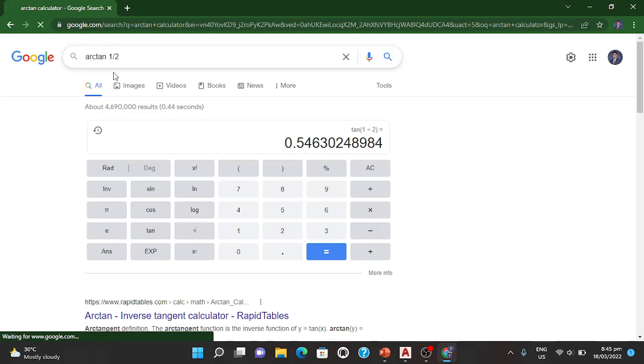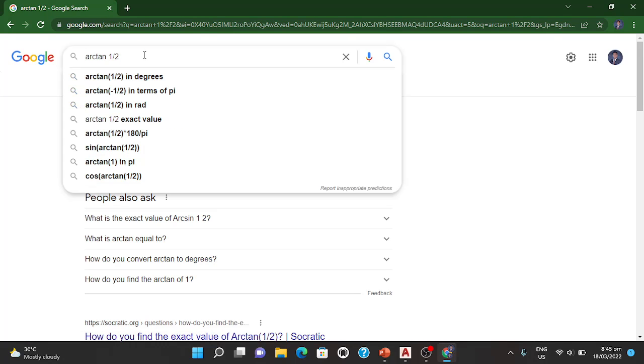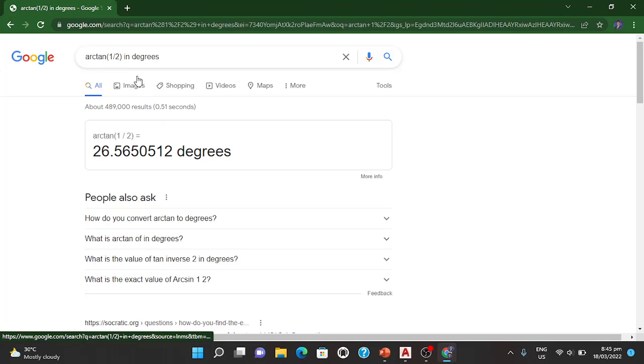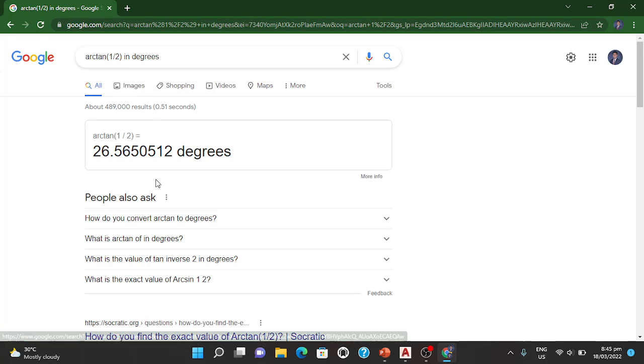Arctan 1 over 2 in degrees, we have 26.56. Okay? So this is the exact value of our arctan 1 over 2, so the earlier one is not exact. Here arctan 1 over 2 is 26.565051 degrees.